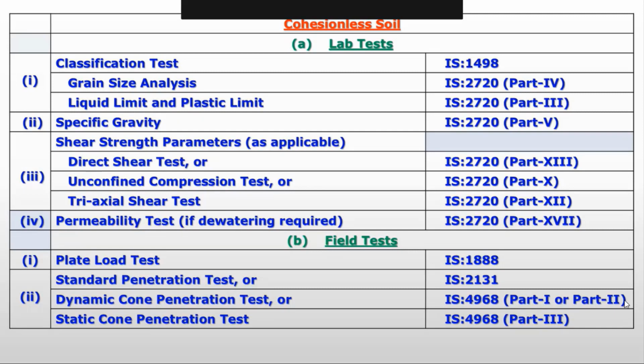It is grain size analysis, liquid limit and plastic limit, specific gravity, shear strength, direct shear, unconfined compression test or triaxial shear test, and permeability test if dewatering is required. Generally, cohesionless triaxial shear tests are not needed. Even with the direct shear test, you will get the value.